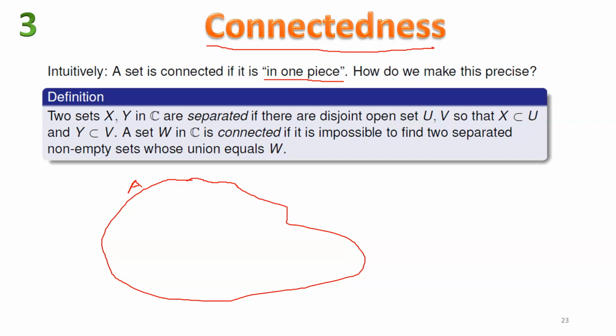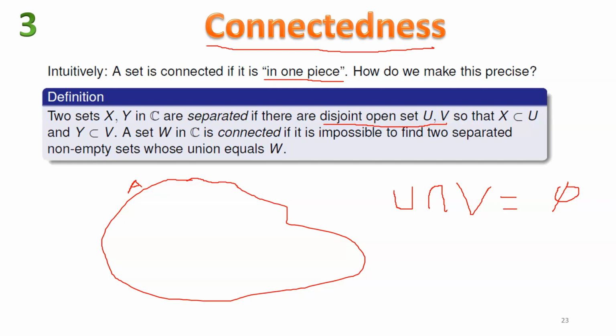They are separated if there are disjoint open sets U and V. Disjoint means there is nothing in common. Let us suppose that U and V are disjoint. It means that the intersection of U and V is an empty set. Now X belongs to U and Y belongs to V.